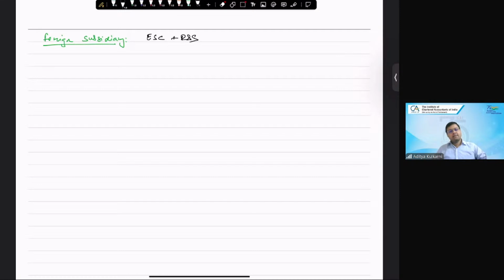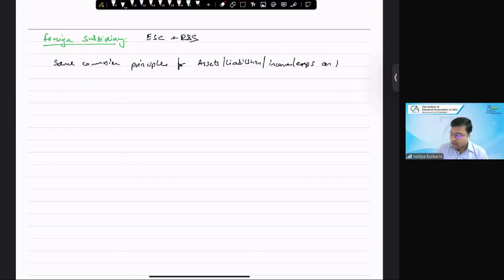And apart from this, everything is there in the branch. Assets, liabilities, sales, expenses. These conversions will happen exactly like how we studied for the branch trial balance conversion. There is no change there. So same conversion principles for assets, liabilities, incomes, expenses as for a foreign branch.